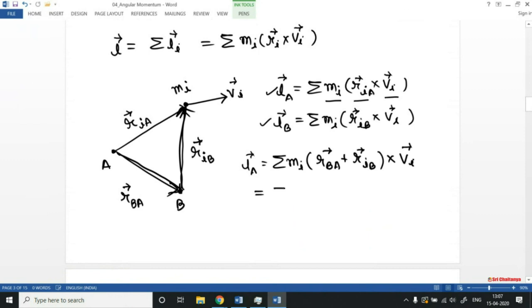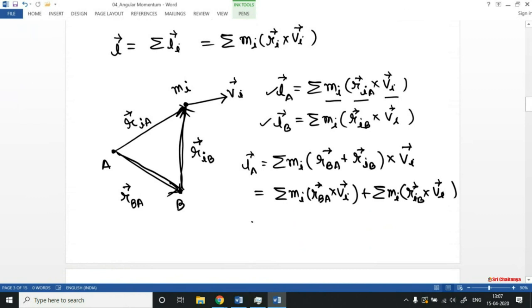So this will give us summation of mi rBA cross vi plus summation of mi riB cross vi over here.